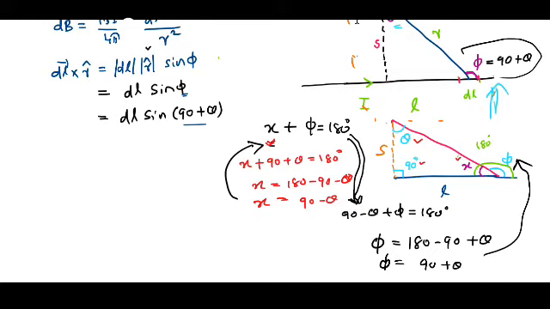Fine. What I did is, if you check here, we have written this angle phi is 90 plus theta. For this sine of 90 plus theta, you apply sine (A plus B), that is sine A cos theta plus cos A sine theta.